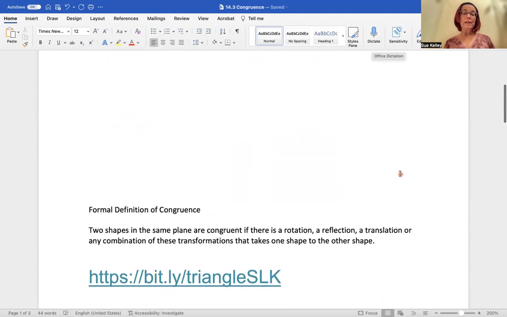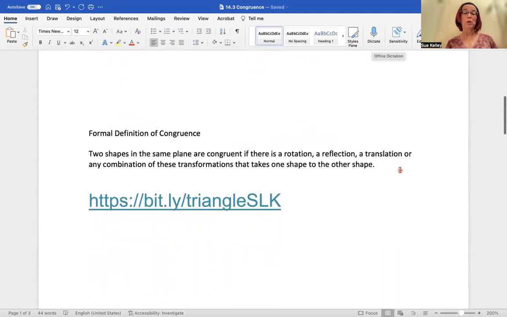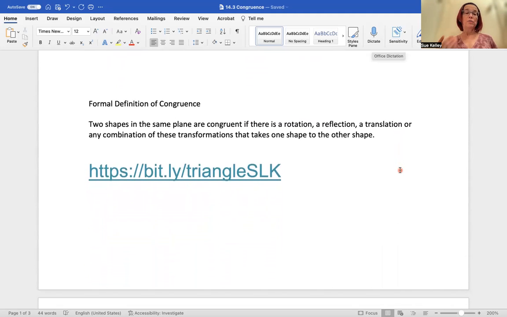So here is going to be our formal definition of congruence. Two shapes are congruent if they are in the same plane, and if there is a rotation, a reflection, a translation, or any combination of these transformations that takes one shape to the other shape, and they match up exactly.